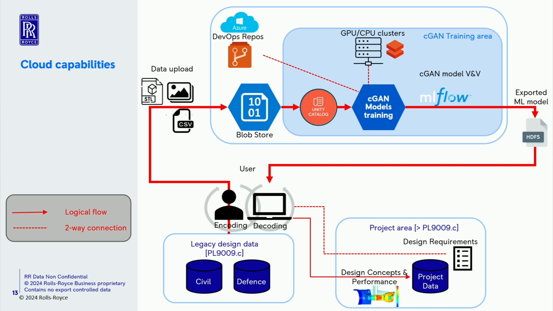So that kind of data we are allowed to push through to the cloud. Then obviously we don't just want to use it for that particular data. We want to use it for more complex, more sensitive data. So what we then do is, after we train the model using this particular data on the cloud, we get the trained model, and then we do the transfer learning on our local machines.